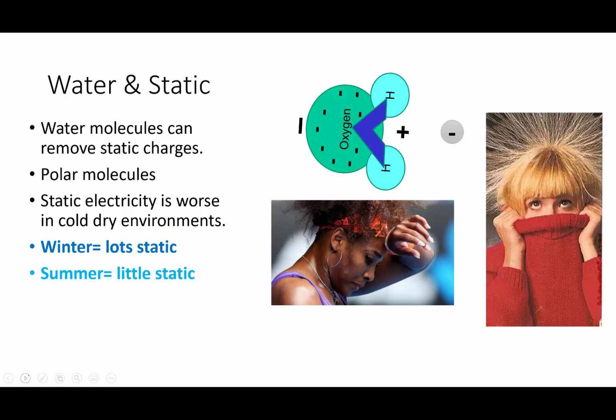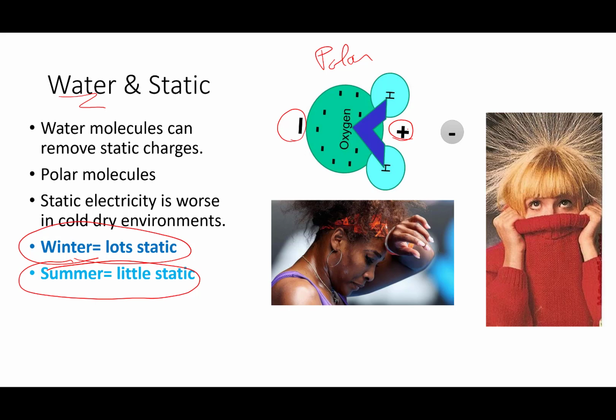Why is there a lot less static in the summer than there is in the winter? Water. Water molecules, as we've talked about in the past, are polar, meaning one end is different than the other. Most of the negative charges tend to hang on one end of the water molecule, while the positive charges tend to hang on the opposite.